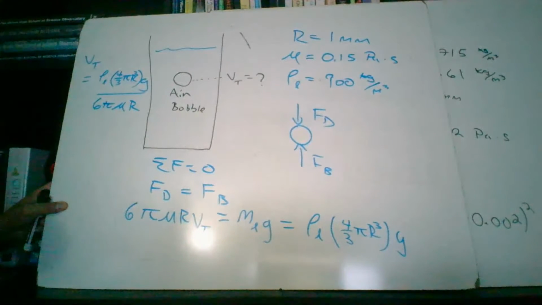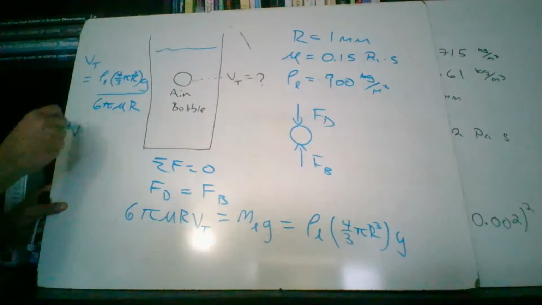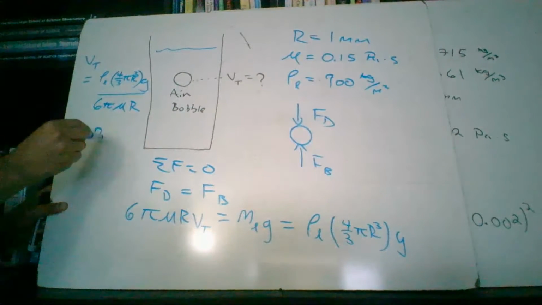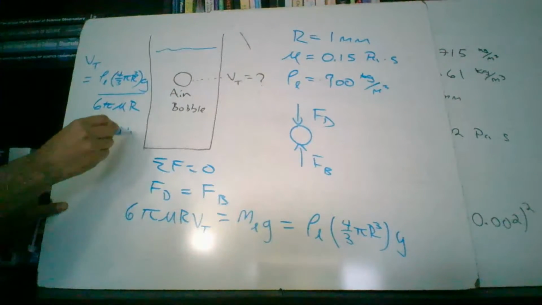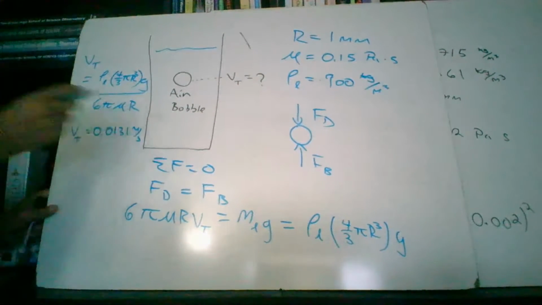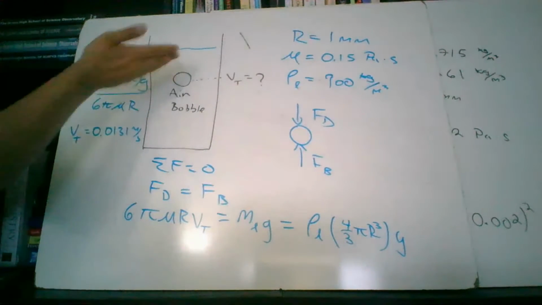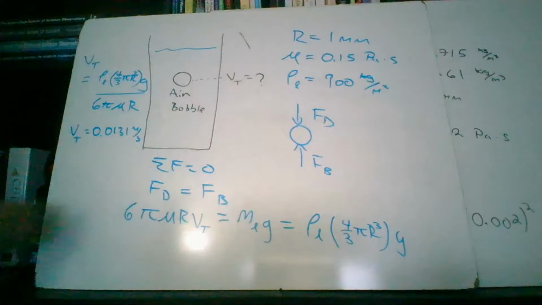And you can plug all these numbers into our equation here, and we will get that the terminal velocity is going to equal 0.0131 meters per second. So it's not moving really fast. But that's how you find the terminal velocity for an air bubble that's going up a cylinder.